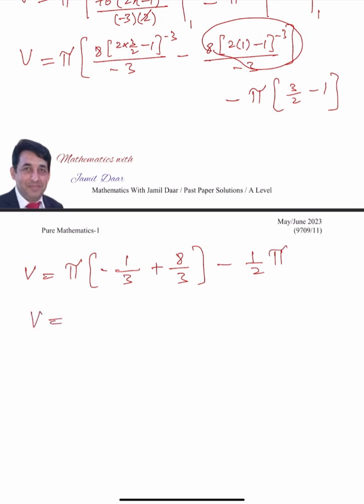If you solve it as a whole, this will become 11 over 6 pi. So this is the exact value, without substituting. The exact means you are not going to substitute the value of pi. So this is the exact value of the volume of revolution of this shaded area.